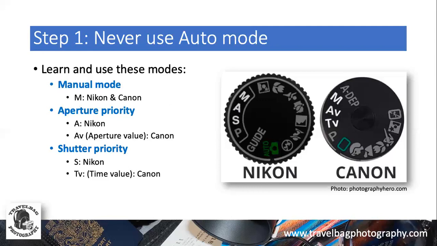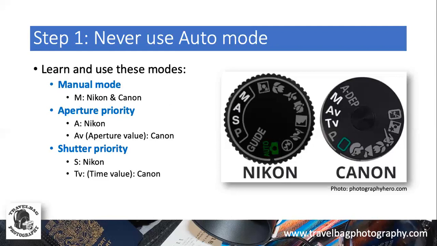Aperture priority is used to adjust the aperture or the opening size of the aperture of the lens that you are using. And in Nikon, it's very simple. Aperture priority is an A, and in Canon, it's an AV.